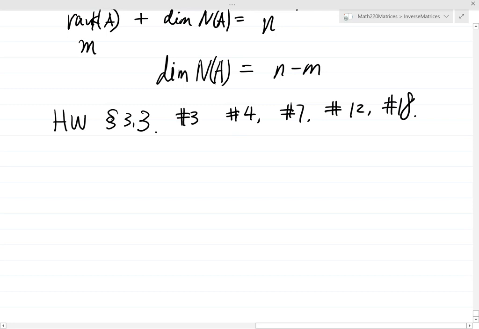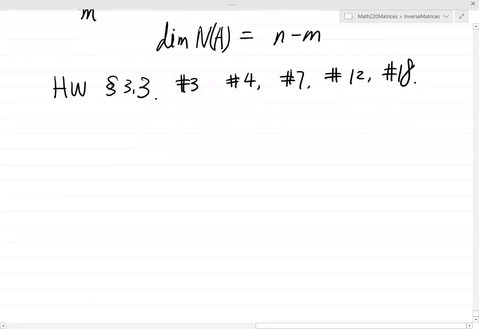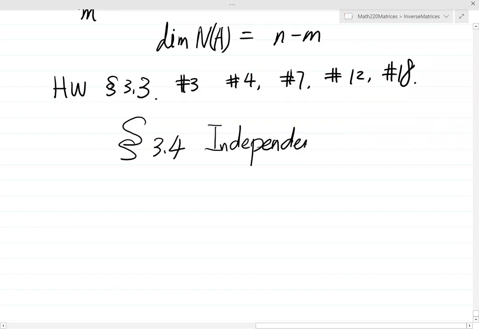In this section we already talked about some of these ideas, so we just quickly review them from section 3.4: independence, basis and dimension.